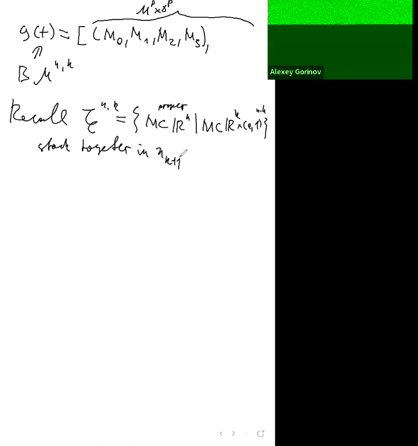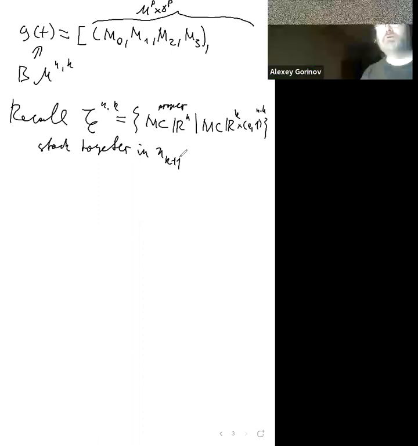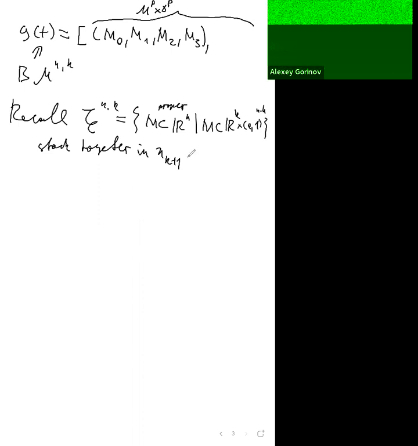In M N K, we allow the k+1 coordinate to be inside any finite interval (0, something). So we stack together in x_{k+1}.